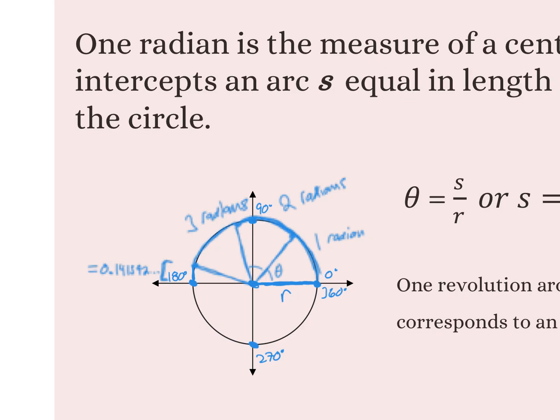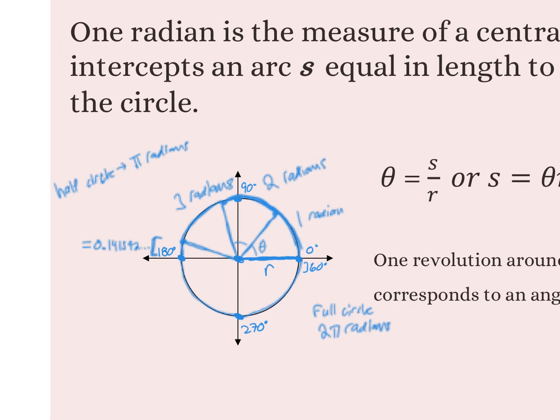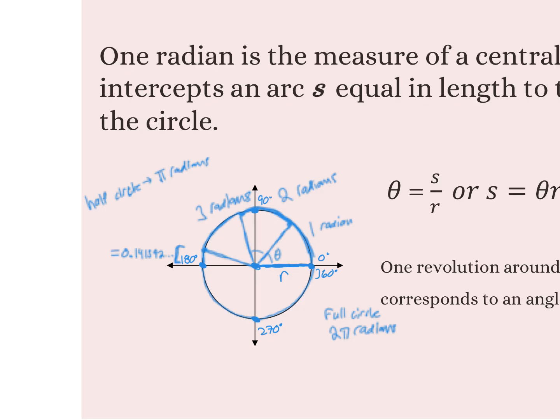So that means half of the circle is pi radians, right? And if you took that same pi radians and went all the way around the other side, then you would end up with a total of 2 pi radians, right? So that is 2 pi radians, all right? And this is a full circle. A full circle is 2 pi radians, all right?